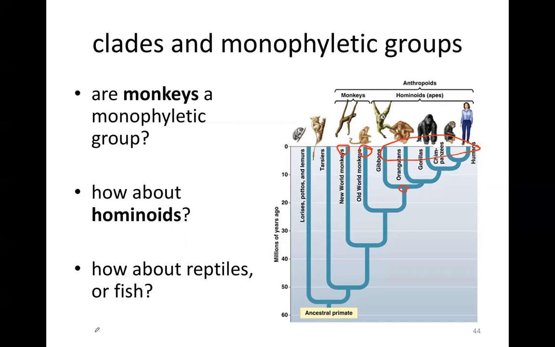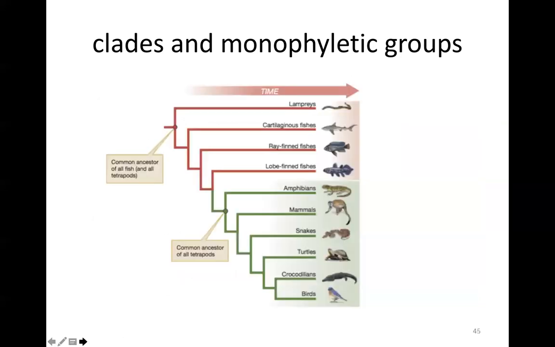How about reptiles or fish, given the vertebrate phylogeny here? For instance, if you study fish, there are different groups of fish, right? There are sharks, ray-finned fishes, the classical fish, and also lobe-finned fishes, which have lungs. And here we have tetrapods.